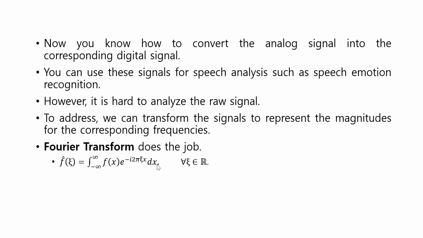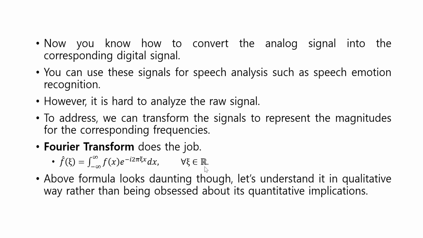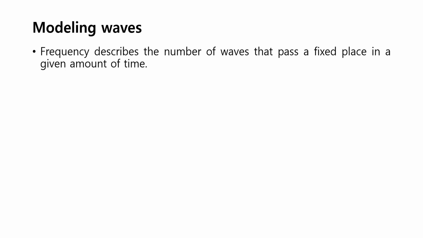And you take the integral over all times in the range of real numbers. The above formula looks daunting, though let's understand it in a qualitative way rather than being too obsessed about its quantitative implications. So let's first see how to model waves.